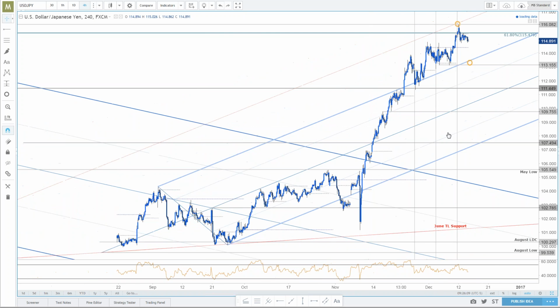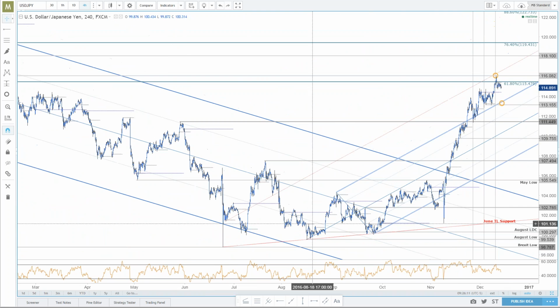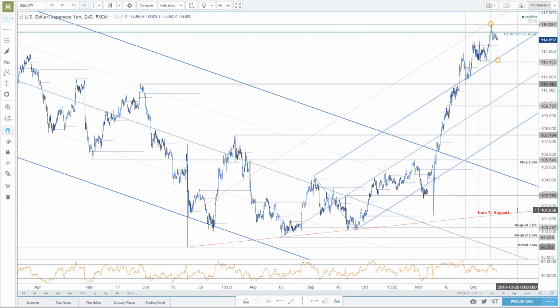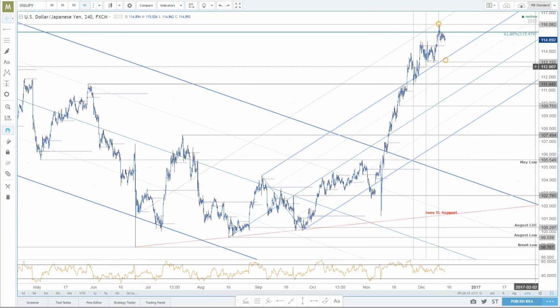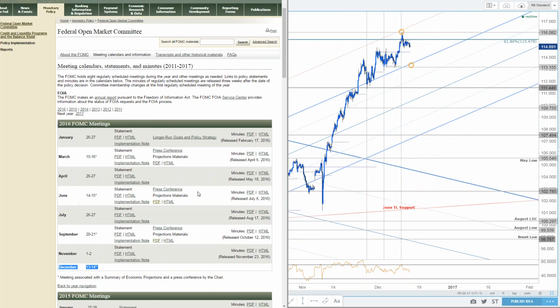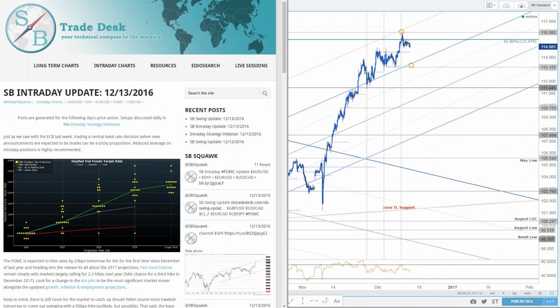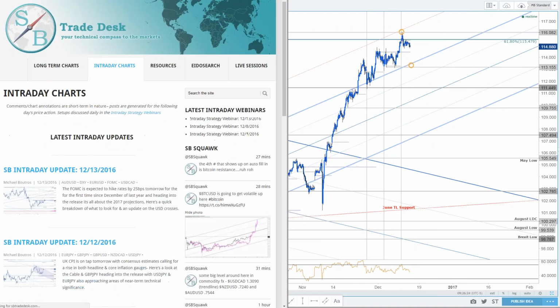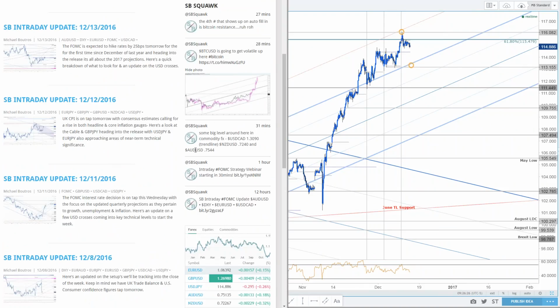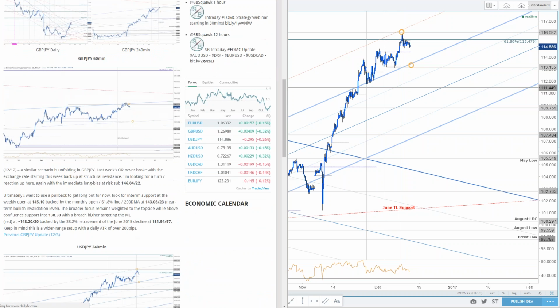More importantly, you'd be looking at those former swing highs right around 111.45. So dollar yen levels, by the way, remain unchanged from earlier in the week.